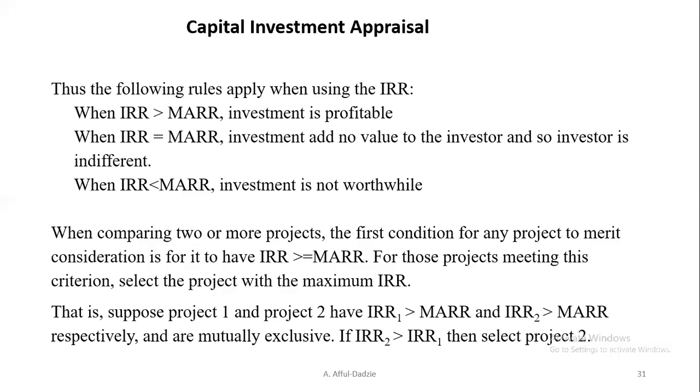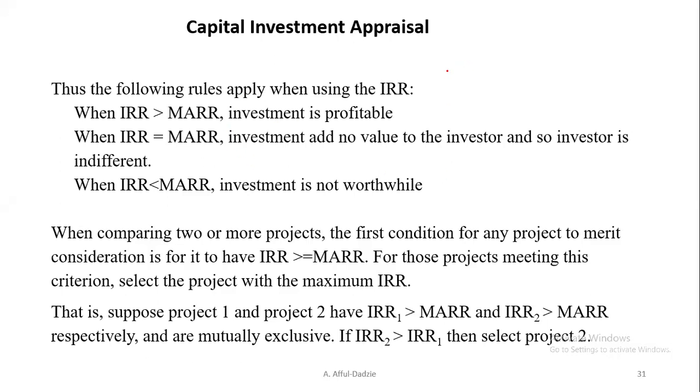So if you have two projects that have different internal rates of return, we would compare each internal rate of return with the minimum acceptable rate of return for a starter. Now, if both of them are higher than the minimum acceptable rate of return, then we compare the actual internal rates of return for both projects, and the project with the higher internal rate of return should be selected. So take an example.